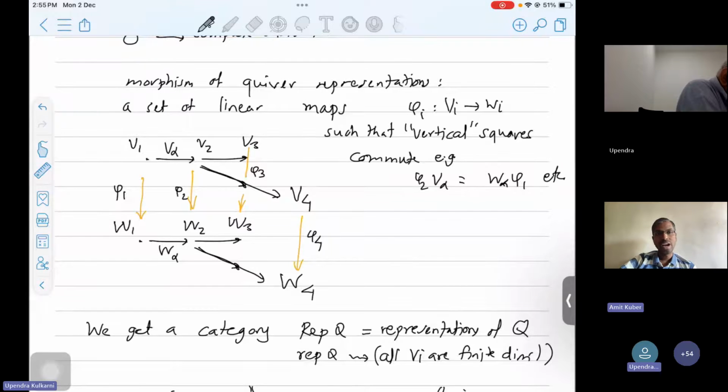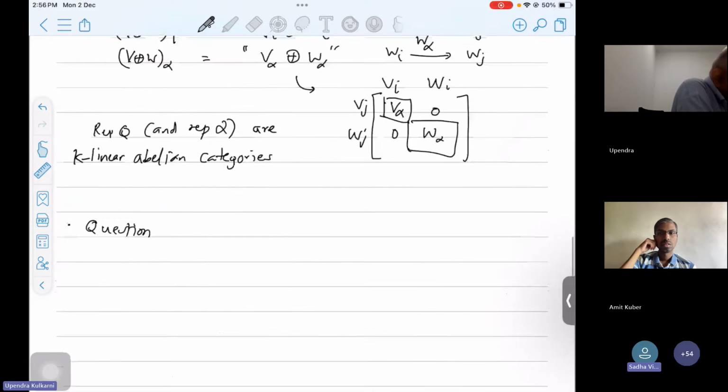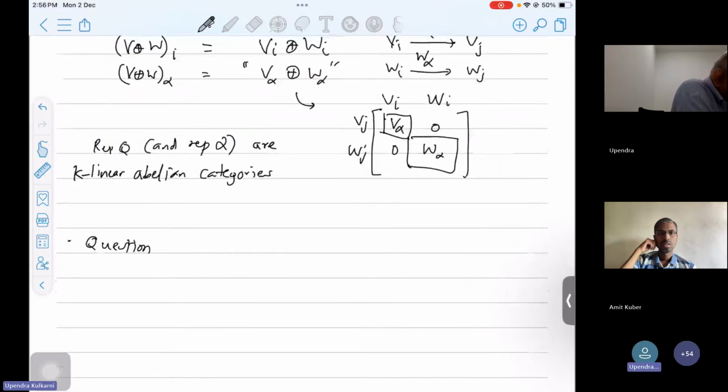When I say submodule, a sub-object in a category is also up to appropriate isomorphism. So just think of this as a submodule where all the phi's are inclusion maps. Yeah, that's the point I was trying to make. At the level at which we are talking, it's a technical point.